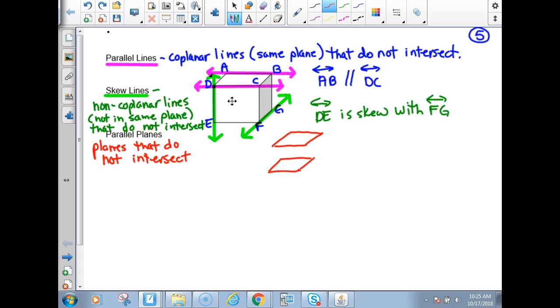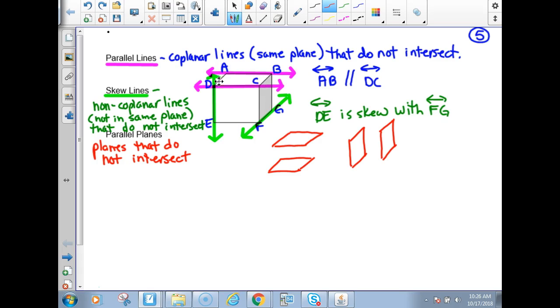Or you could use the box and name a pair. I mean, they could also go this way. Those would not touch. You don't want to use rectangles, though, or squares.